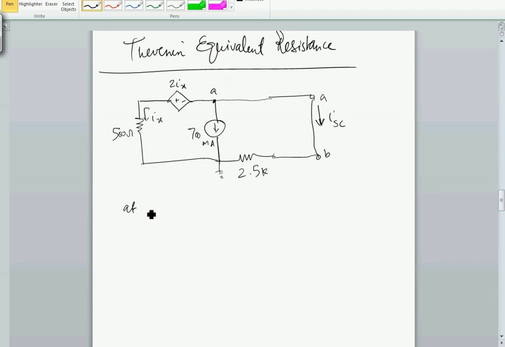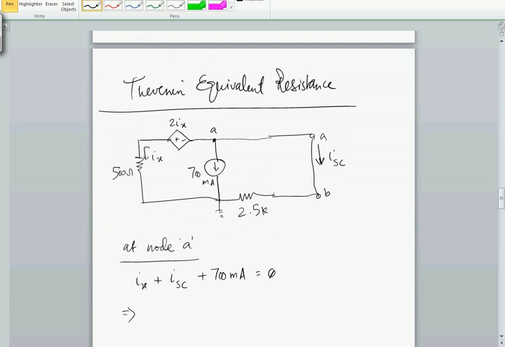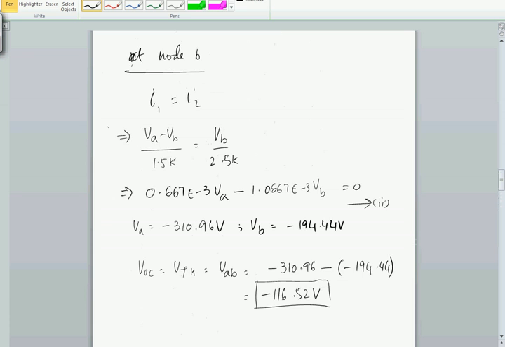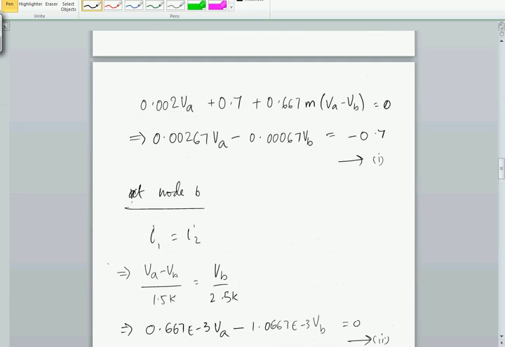At node A, we have Ix, ISC and 700 milliamp all flowing away from the node. Ix plus I short circuit plus 700 milliamp is equal to 0. Ix is the same that we had in the last one, which was, let's go up, where was it?